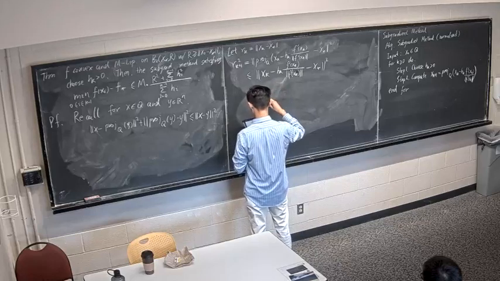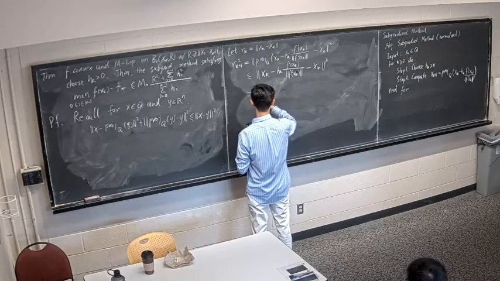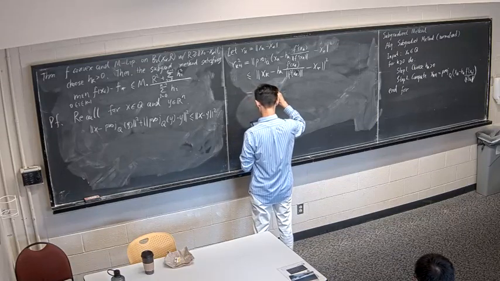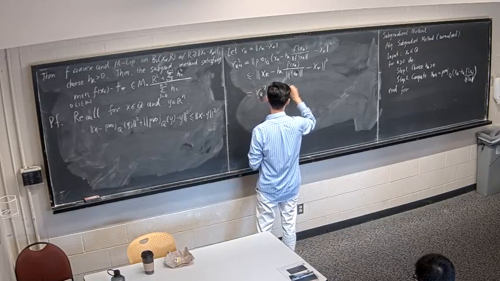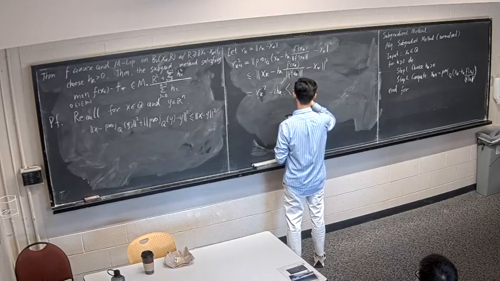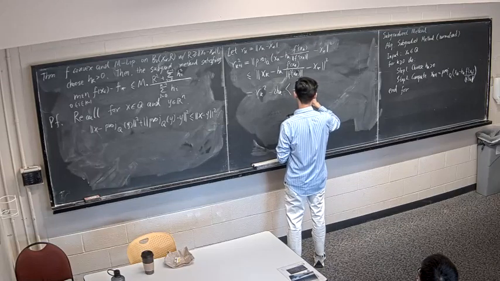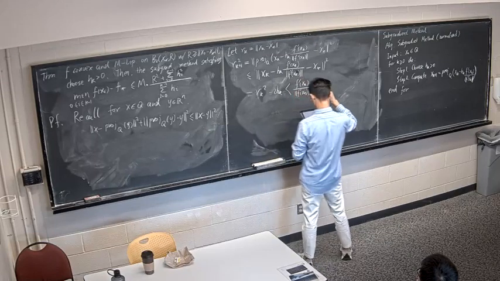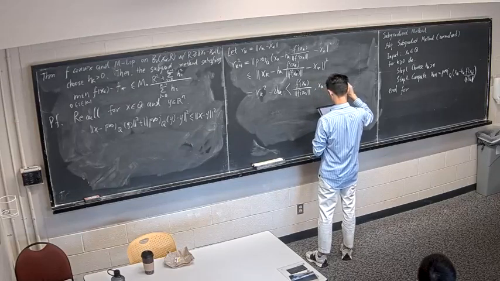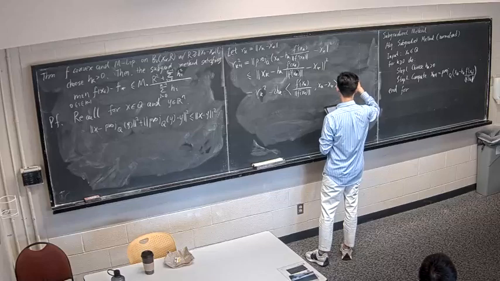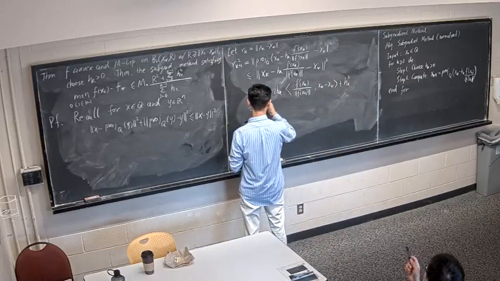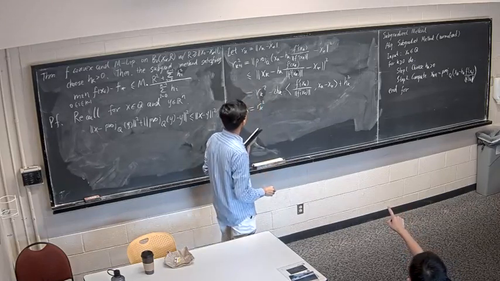And hence, expanding this out and using the definition of Rk, we have Rk squared minus 2hk. So in the first line, the parentheses should be closed.